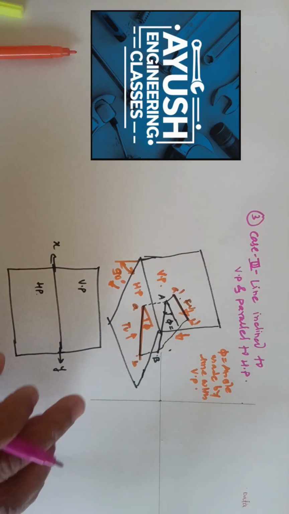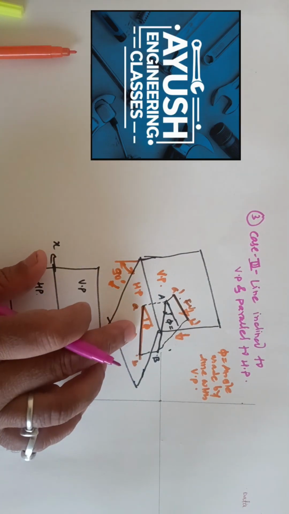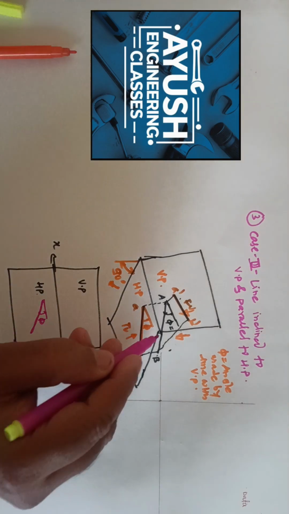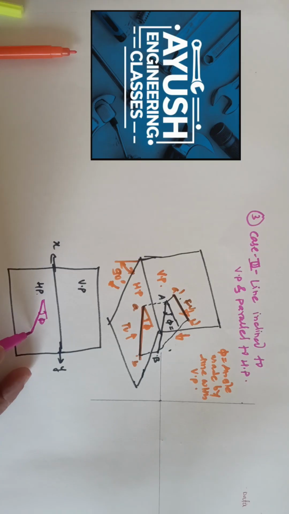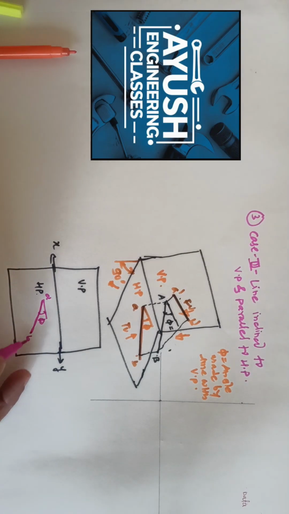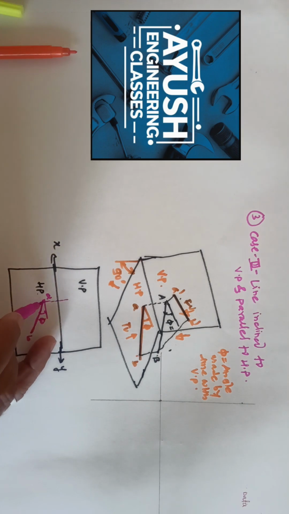Now for this case, we know that we get the top view at an angle of phi. So in the top view, we draw the inclined line at an angle of phi. Whatever be the angle the line is inclined to VP, the same top view makes the same angle. So here we first draw the top view AB. Then we will draw the front view.